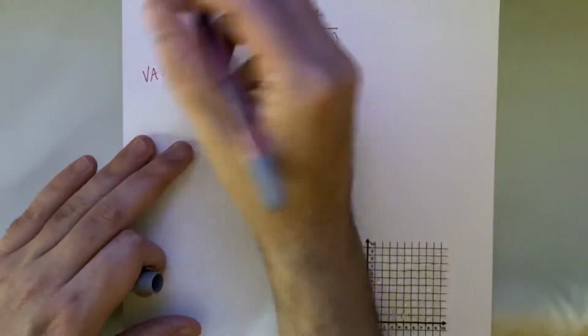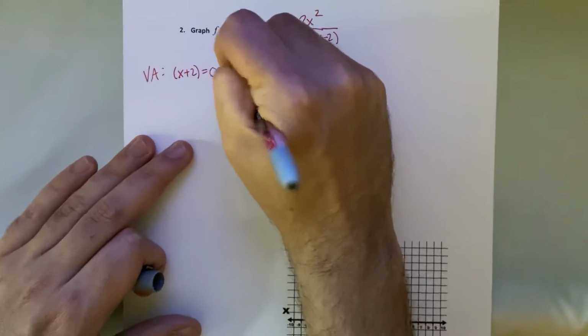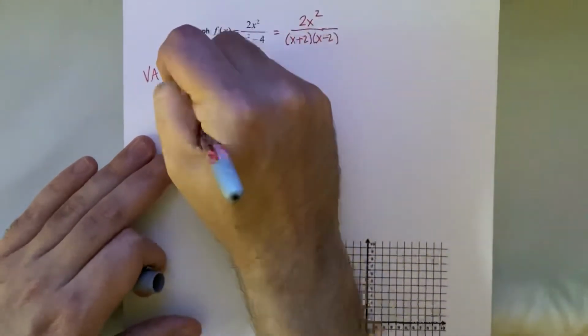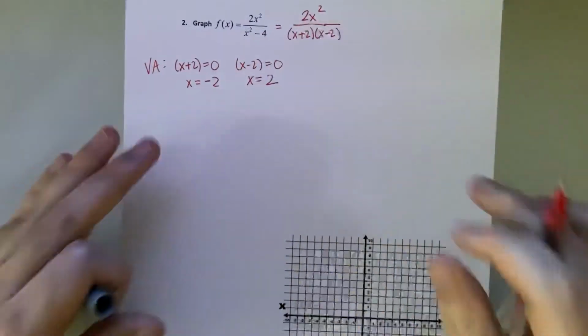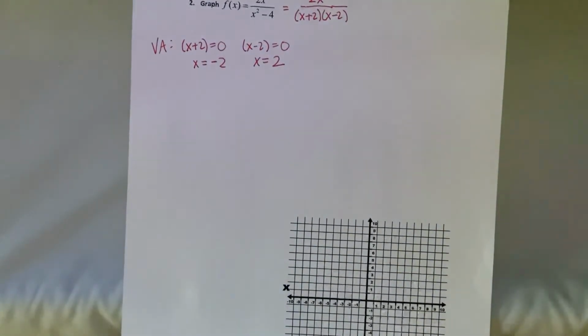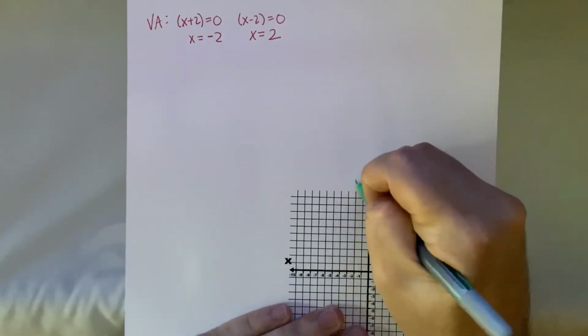What are my vertical asymptotes? It's x plus 2 equals 0 and x minus 2 equals 0, so either x is negative 2 or x equals 2. So here is a case where we have two vertical asymptotes, one at negative 2 and one at 2.